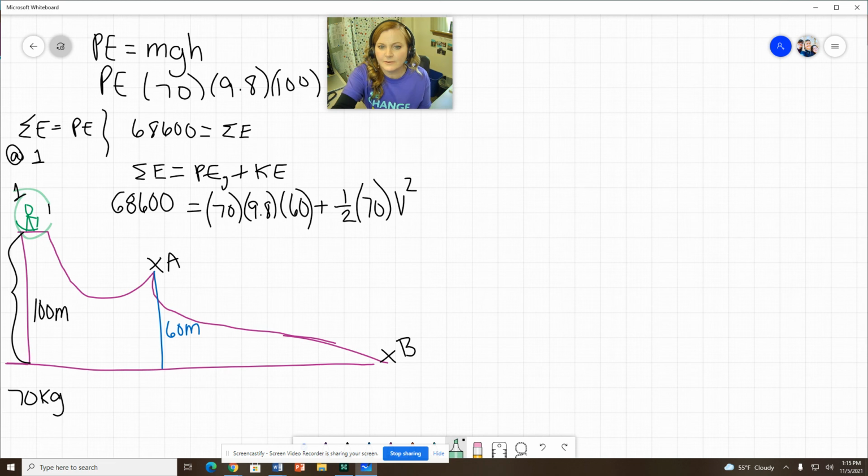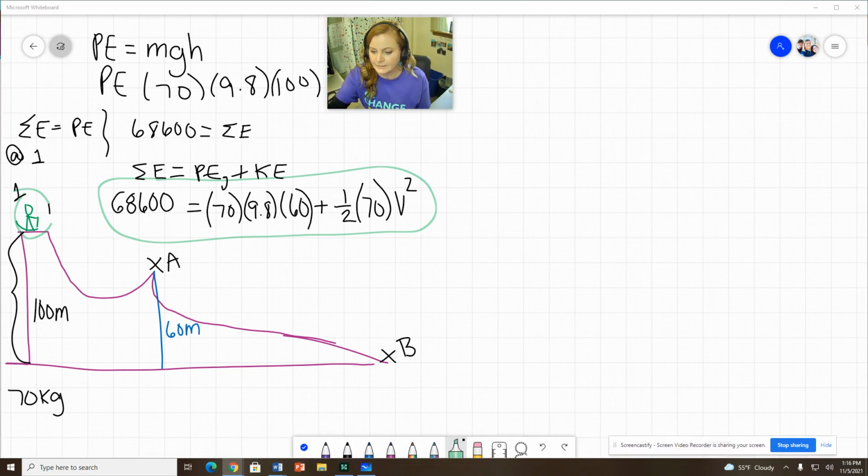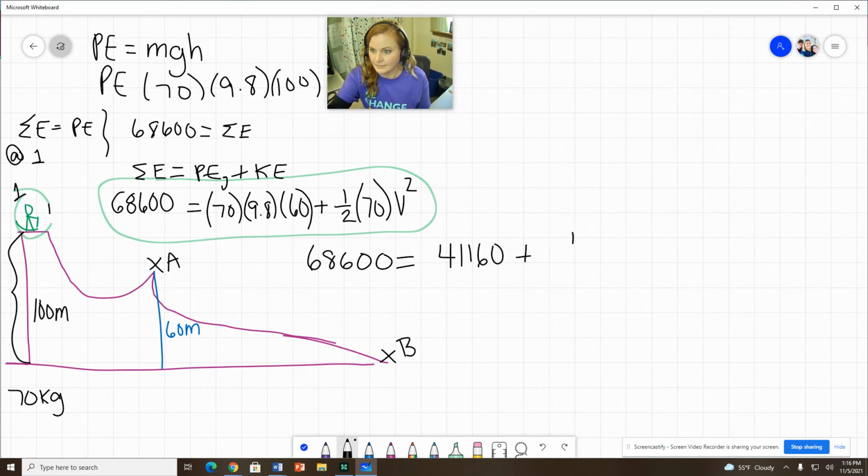So we have all the information, our knowns, remember, except for v squared. So let's go ahead. That's 70 times 9.8 times 60. So the potential energy at point A is 41,160. Okay, so my next step is 1/2 of 70 is 35, right?